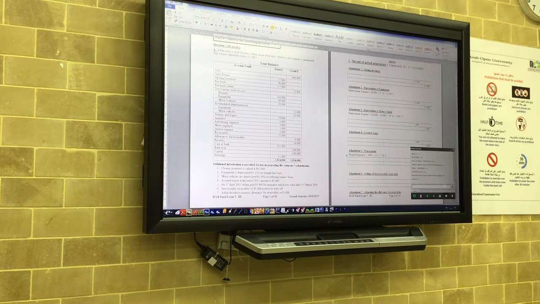The required for the first question will be divided into two parts, Part A and Part B. Part A will be about adjustment entries and preparing the income statement with the balance sheet. Part B will be about theoretical questions, which we decided will be from chapter 4 and chapter 7 part 2.